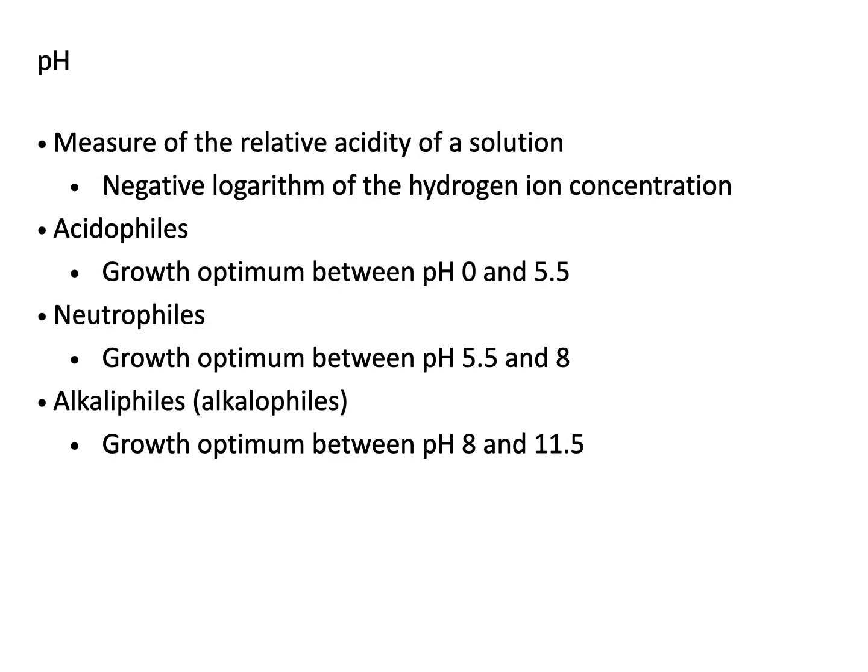So looking at pH, as most of you are probably familiar with at this level, pH is a measure of hydrogen ion concentration, and so we refer to things as being acidic, neutral, and basic.